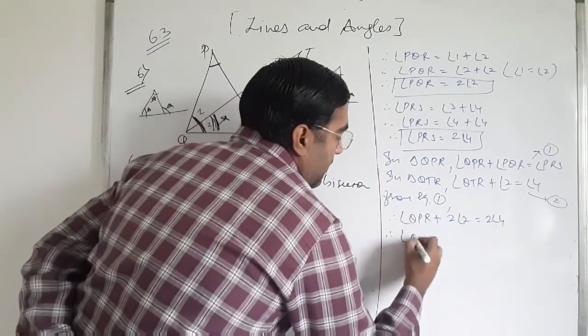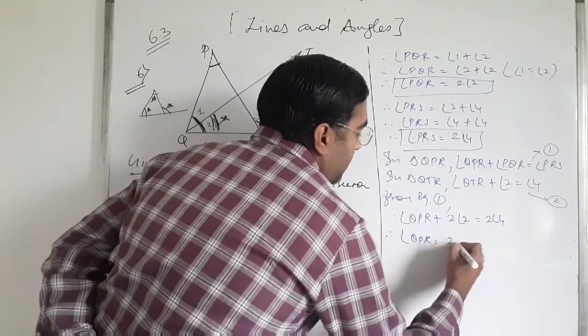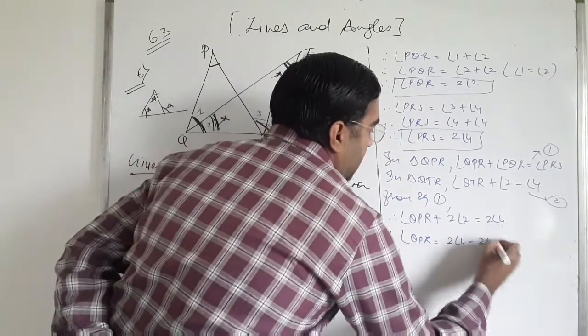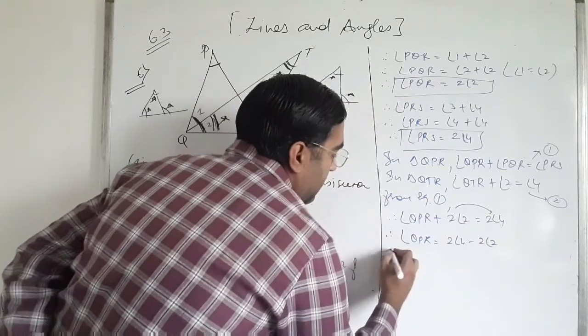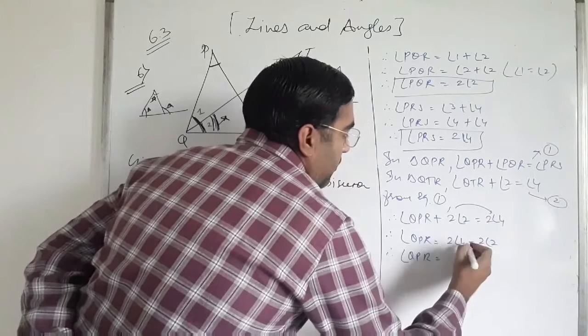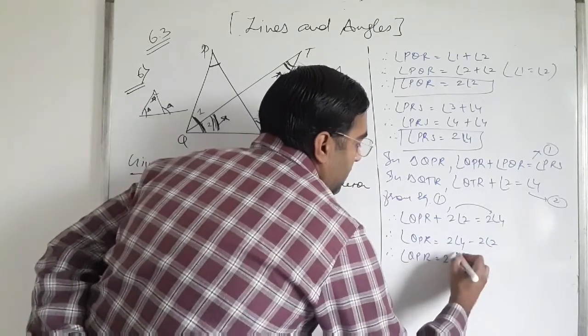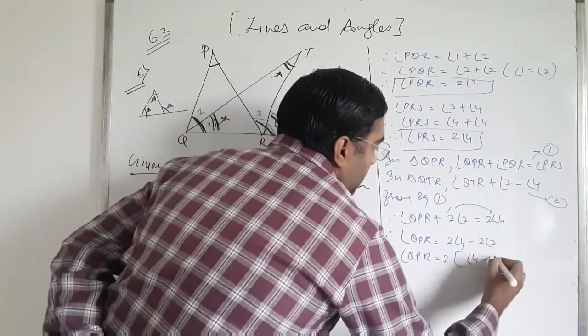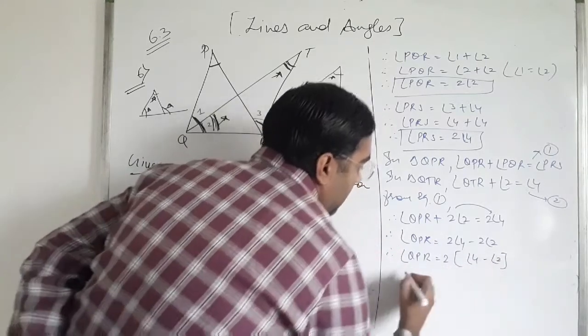Therefore angle QPR is equal to 2 times angle 4 minus 2 times angle 2, shifted to the second side. Taking 2 common from both, the remaining is angle 4 minus angle 2.